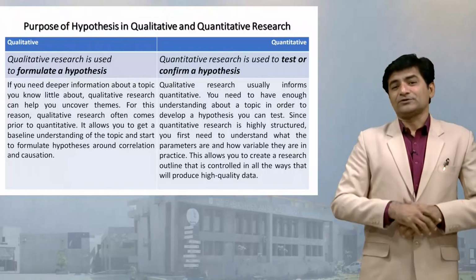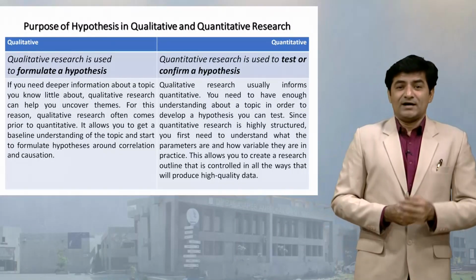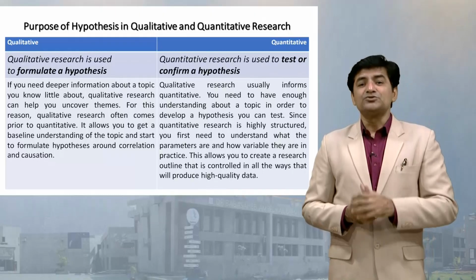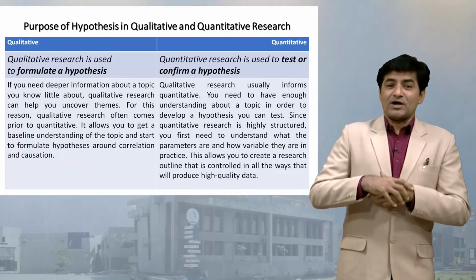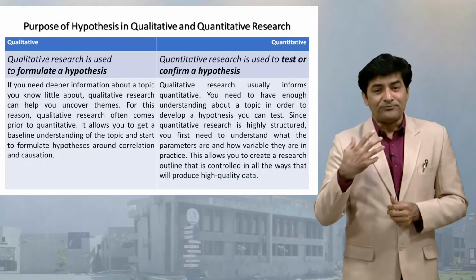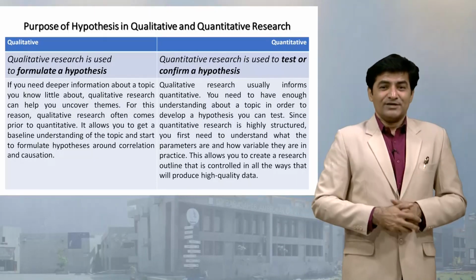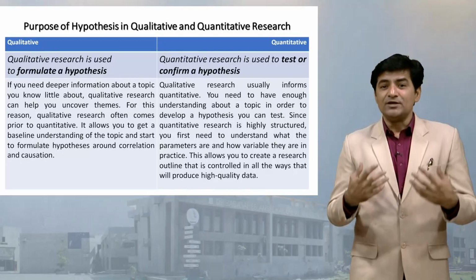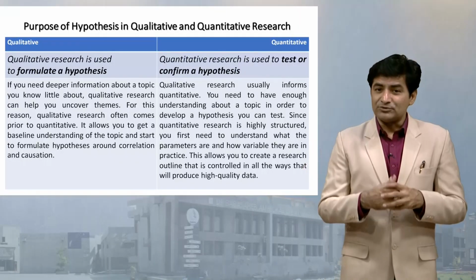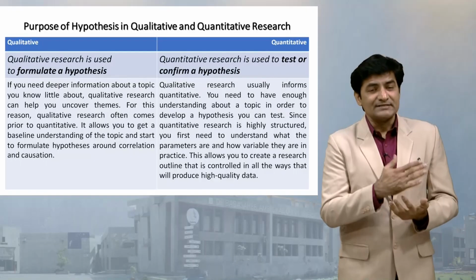On the other side, for the quantitative researchers, it is used to test or confirm a hypothesis. So, qualitative research usually informs quantitative. You need to have enough understanding about a topic in order to develop a hypothesis you can test.